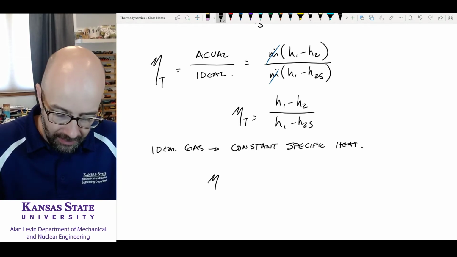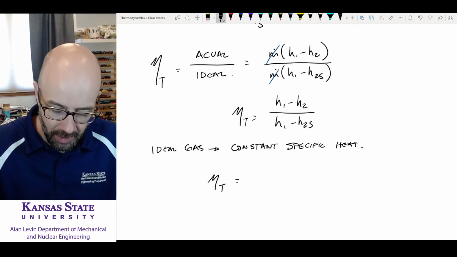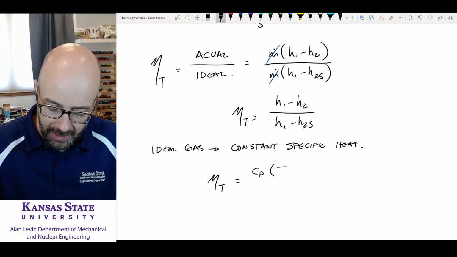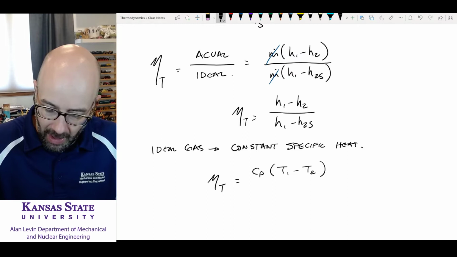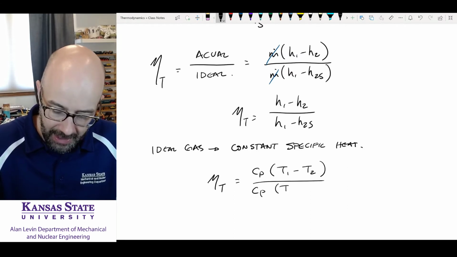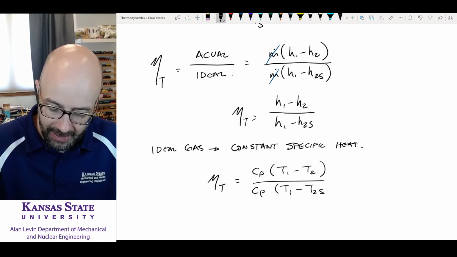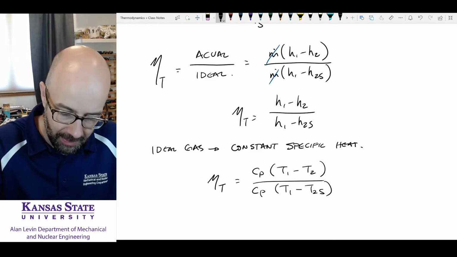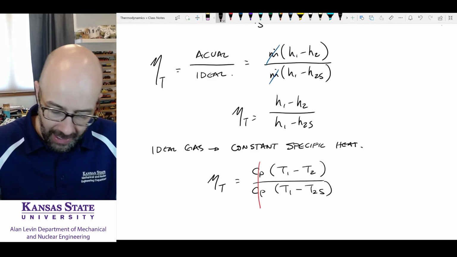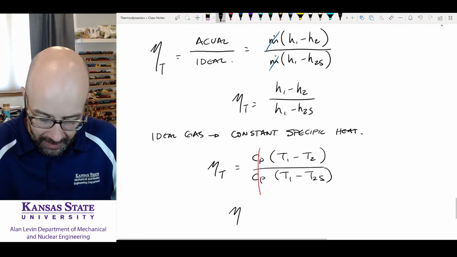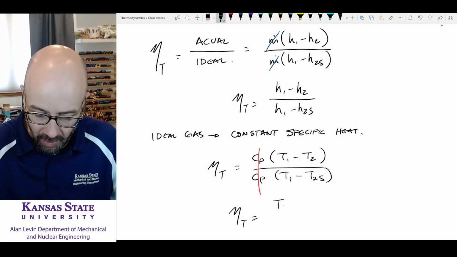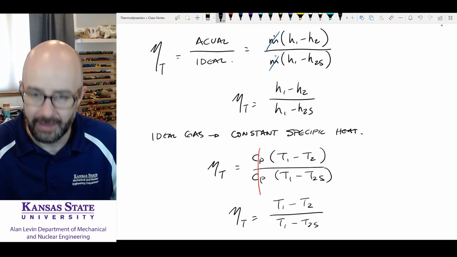Well, we could say the isentropic efficiency of a turbine is equal to C sub P times T1 minus T2 all over C sub P times T1 minus T2S. And of course, my C sub P's are going to cancel, and I can just say that the isentropic efficiency is equal to T1 minus T2 all over T1 minus T2S.